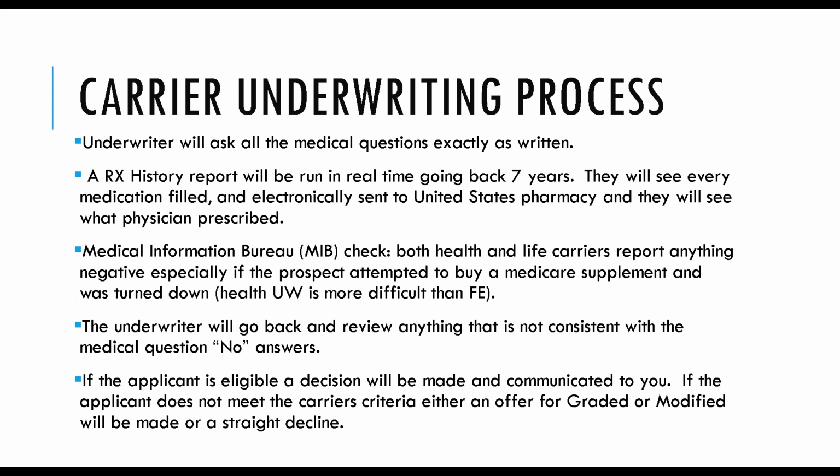So if they attempted to go for a Medicare supplement, they would be turned down, and that reason for being turned down would be reported to the MIB. When the final expense carrier went in to pull the MIB check, they will see that the person was declined by, I don't know, Aetna or Mutual of Omaha.